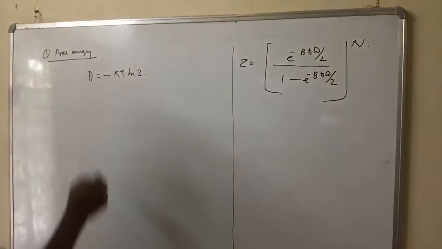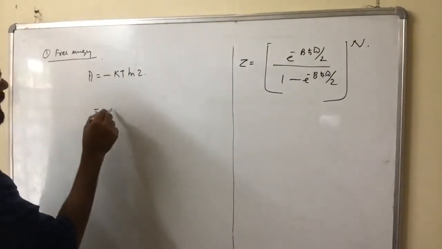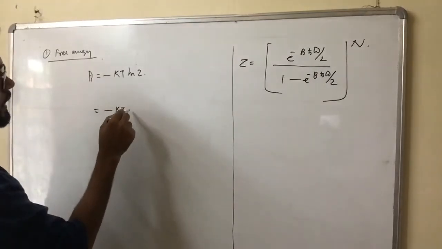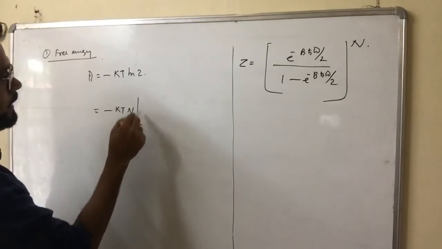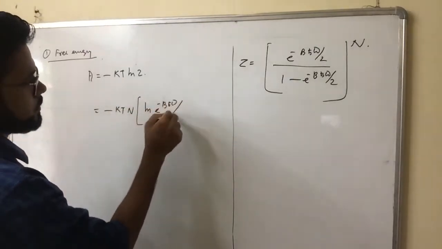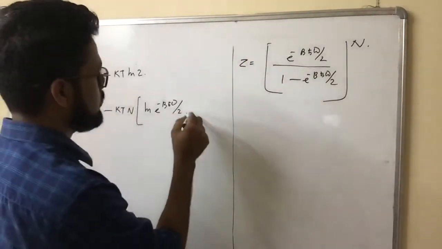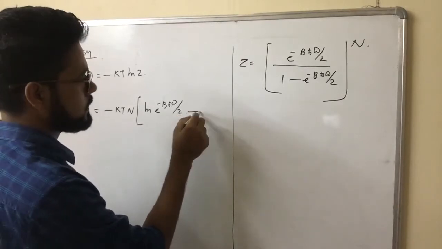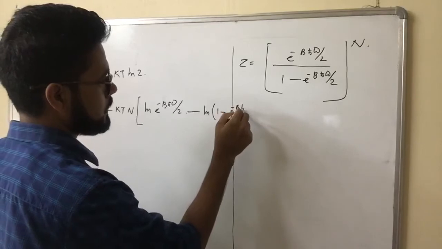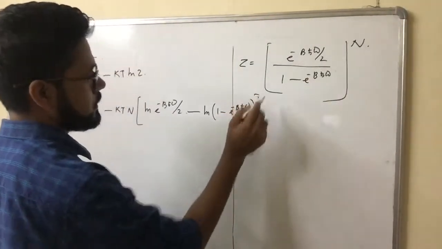So that is why, in the free energy calculation, the first term will be minus kT, then n, then ln of e to the power minus beta h cross omega by 2. And the second term will be minus ln of 1 minus e to the power minus beta h cross omega.